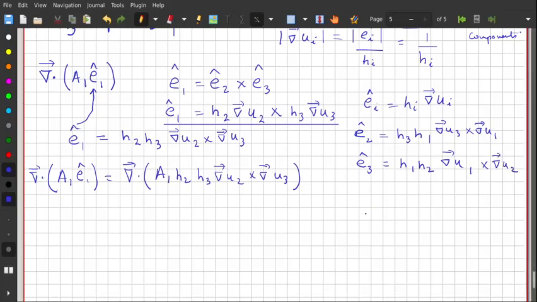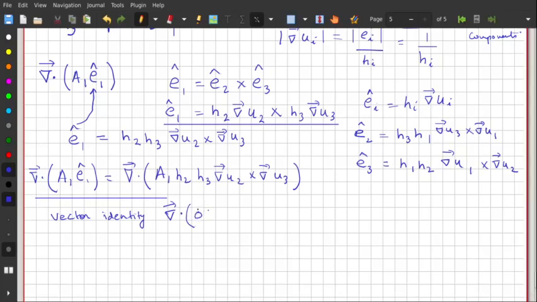Let's see now. Let's remember a vector identity which we know from before, which is basically the equivalent of the product rule of calculus.